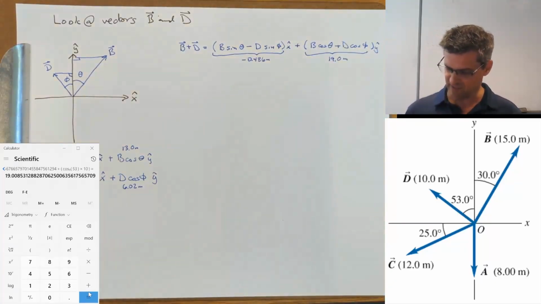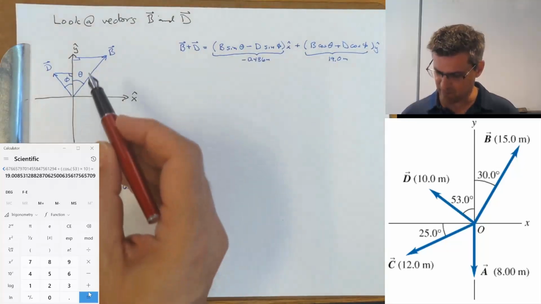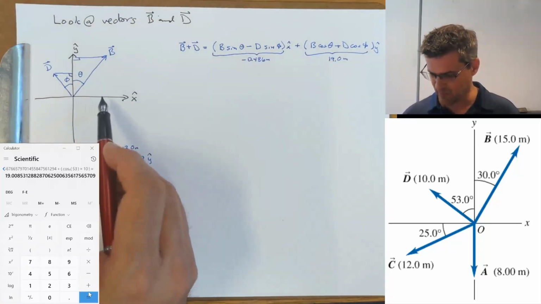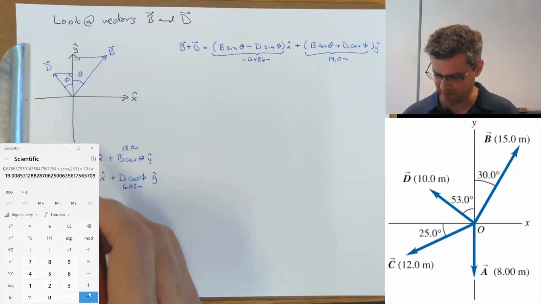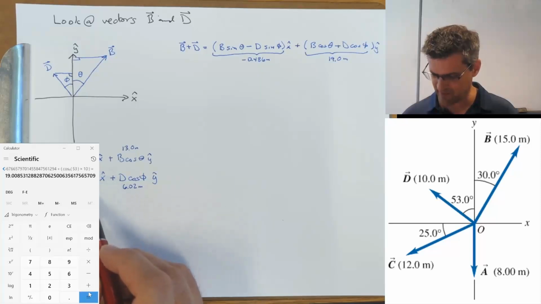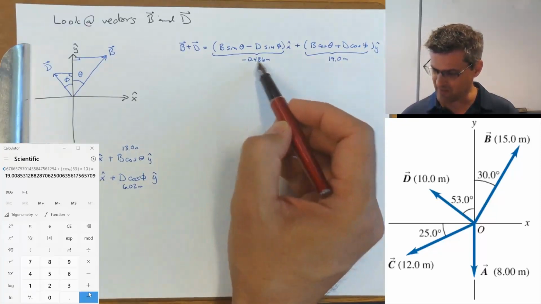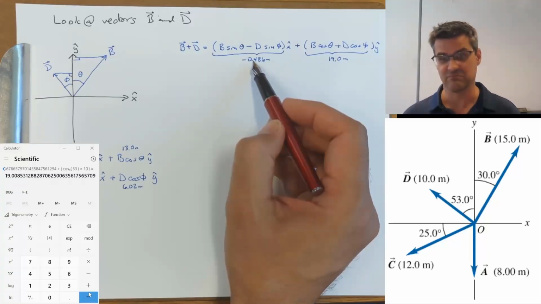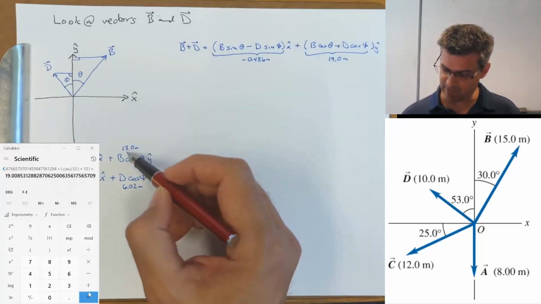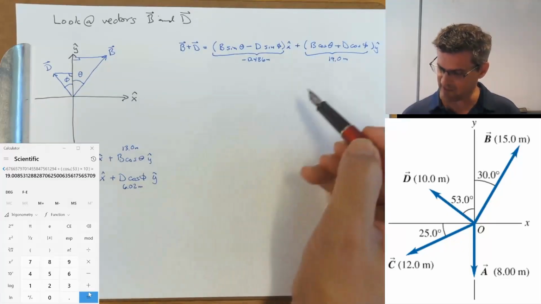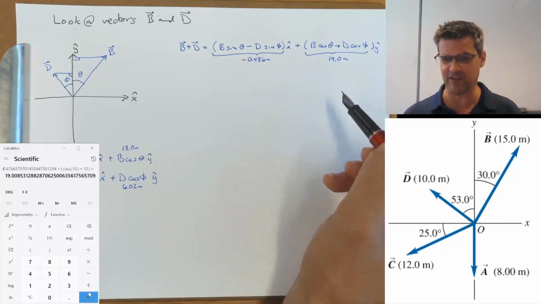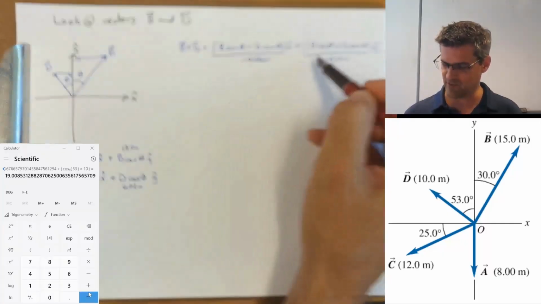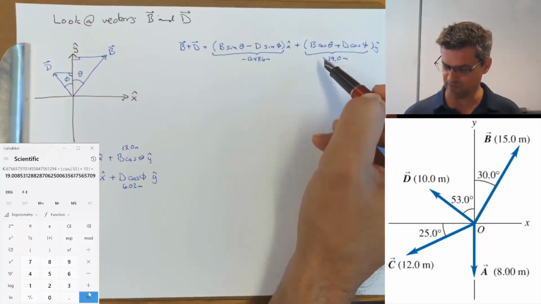So as we look at this, we see that B plus D, we went right, we went left. I went right 7.5, I went left 8. And so when I do the resultant in the x, it's minus a half, as we might expect just from numbers. I went up 13 and then I went up 6. That's the same thing as going up 19. Okay, so numerically, that works.